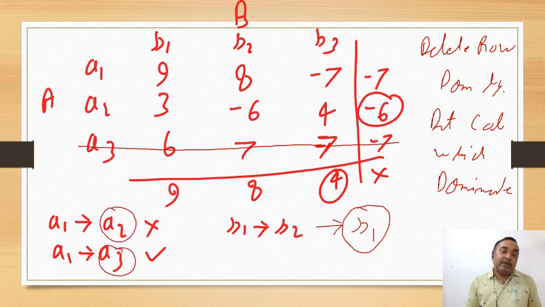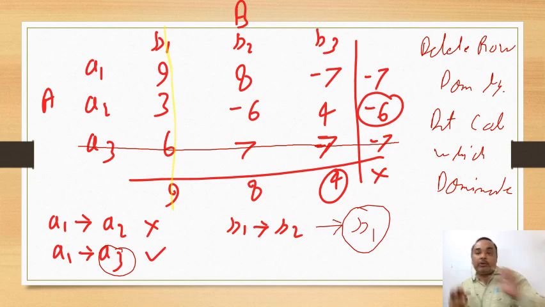Here we will delete A3 and here we will delete B1. And that's how the matrix will now become 2 by 2. And then we are going to solve it with the help of formula.